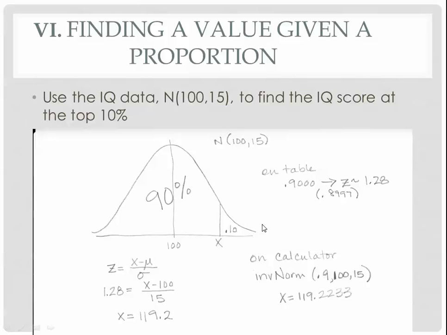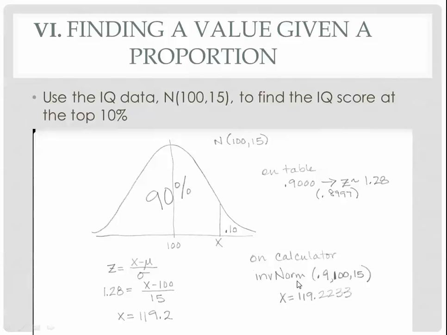So on the calculator, we're going to do this on the calculator, but I still want you to draw the picture first. Draw the picture, and then if you have the proportion and you're looking for the point right there, the x, you're going to use the inverse norm. So watch the calculator video, read the calculator handout, and ask questions if you have them.